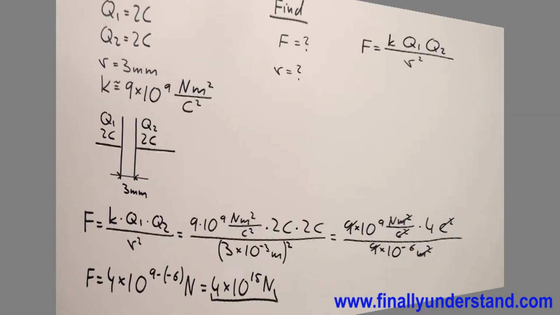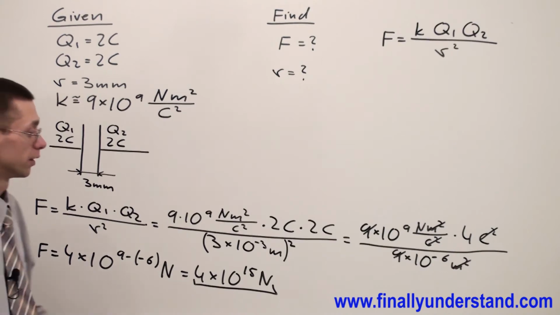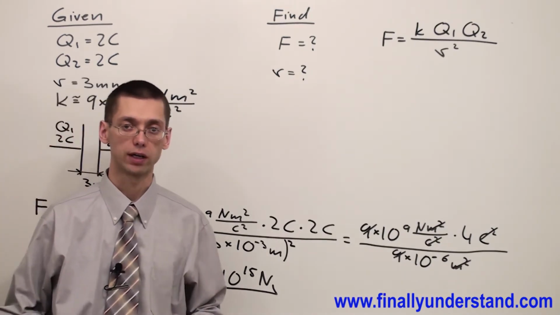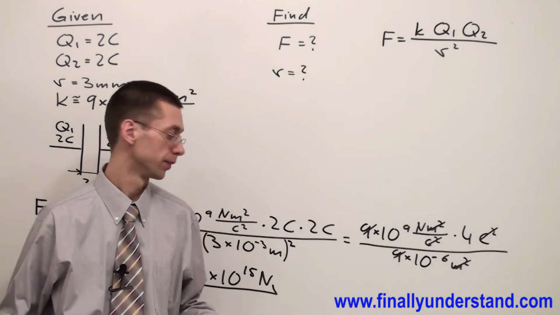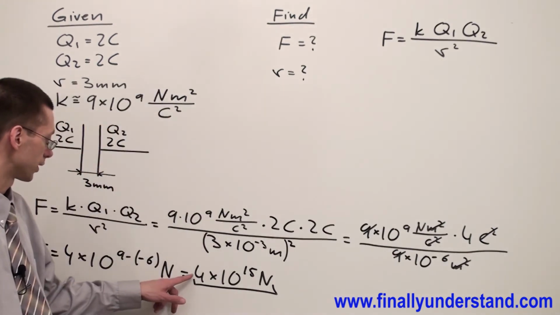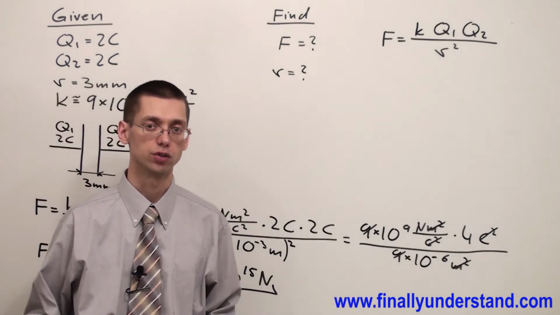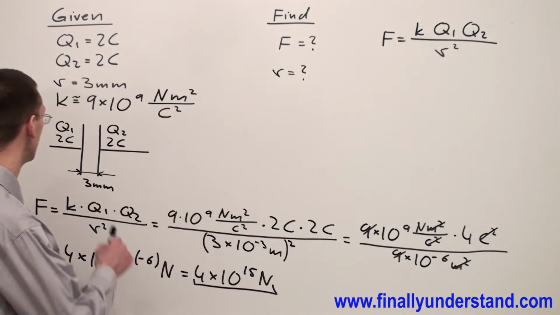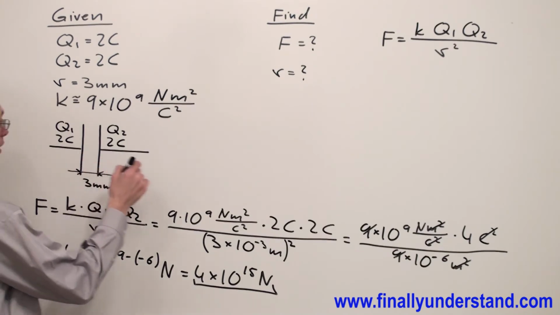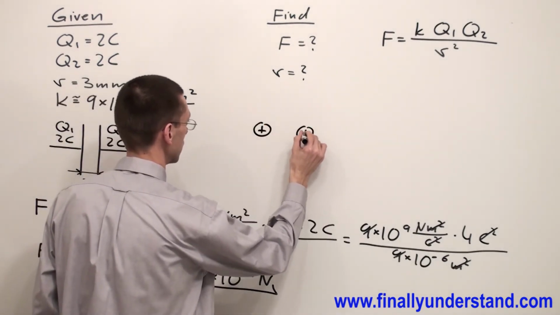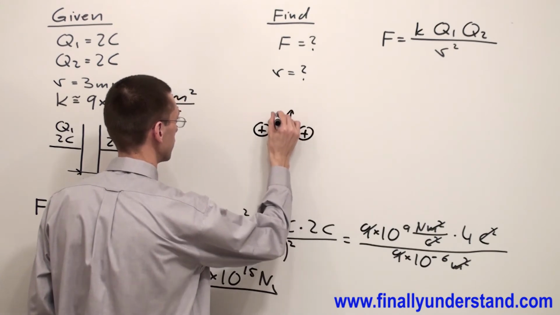Next, we're supposed to find out if this force is attractive or repulsive. Because my answer is positive, it means that the force is repulsive, because we have two positive charges. Anytime we have two positive charges, they're going to repel each other.